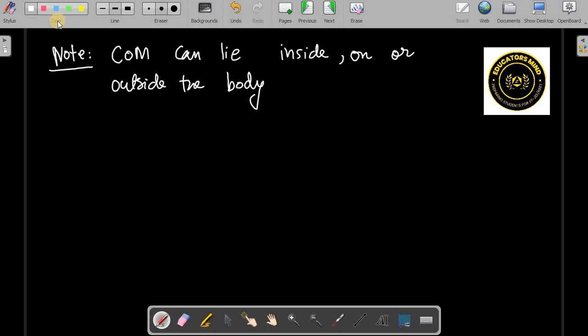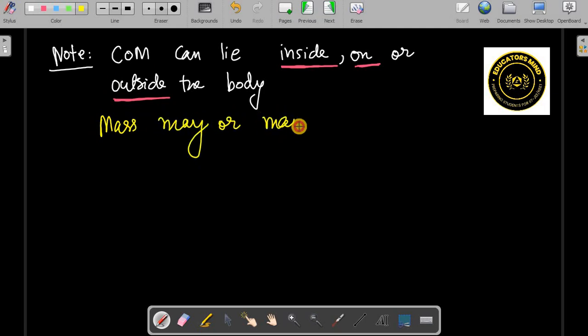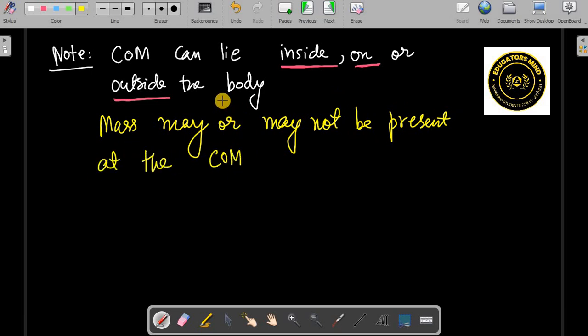So if we are taking a system where a continuous body is there, continuous mass is there, the center of mass can be inside, on the body, or outside, anywhere. It's not necessary that there should be some mass present at the center of mass. Mass may or may not be present at the center of mass. So these two things we should note.